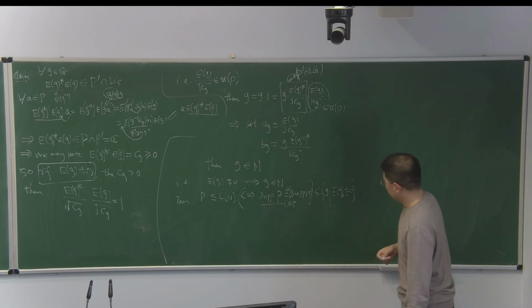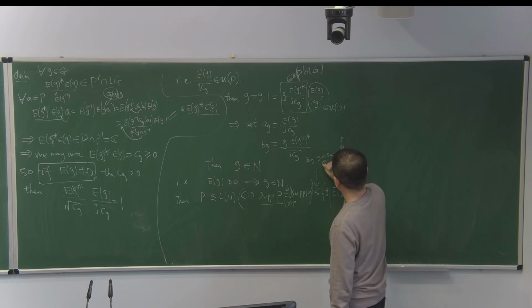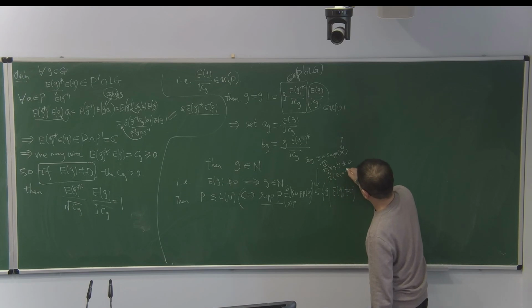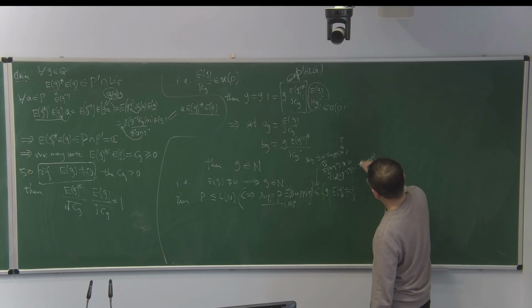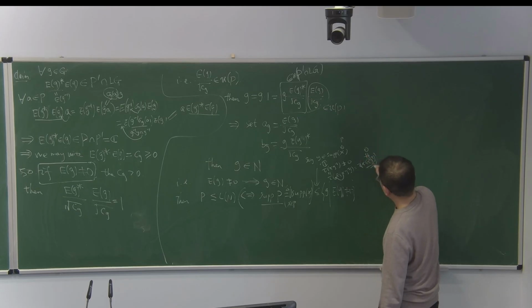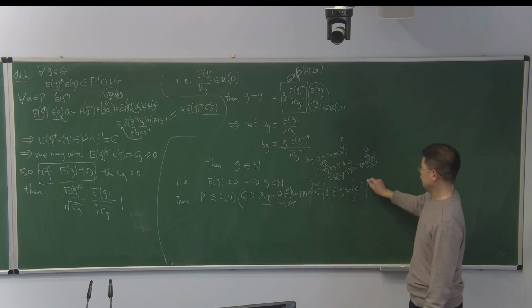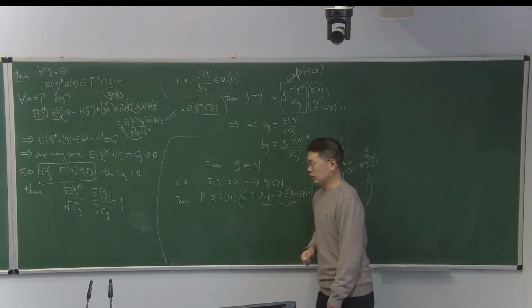This was proved in the previous lecture: say G lies in the support of some element in P. By definition, this means the trace of x G inverse is non-zero. But now you use trace preserving. This equals E of x G inverse. But x is in P, you can move it outside. You see, this is non-zero, so this is non-zero. So in particular, this is also non-zero. But as we showed here, it lies in N. So once you know the support is contained in N, you know P is contained in L N.